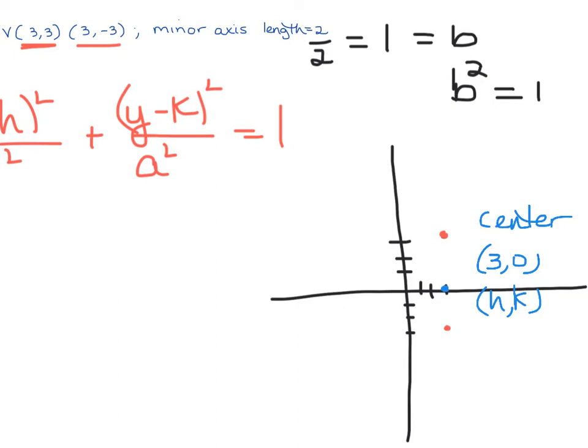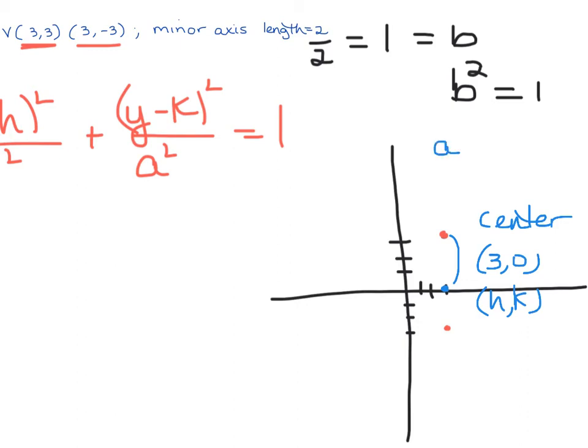Now, this center point will also give us our focus. So, my C value. So my C value is going to be 3. My A value is 3, because the distance from the center to the vertex is 3.